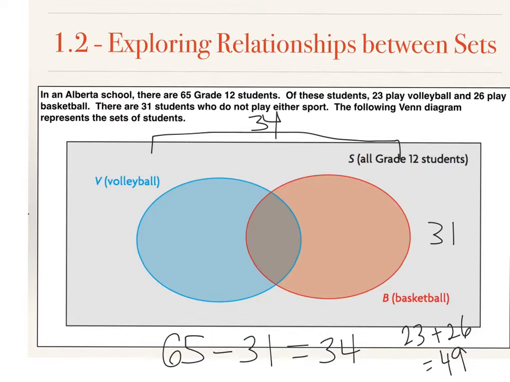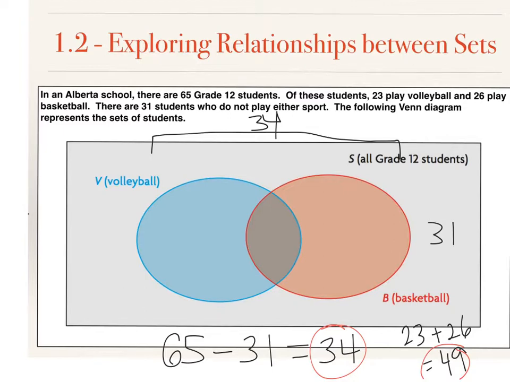Anyone think they know the number of people who play both? It has to do with those 2 numbers. It is 15. Chrissy's a genius. There's 15 people who play both.